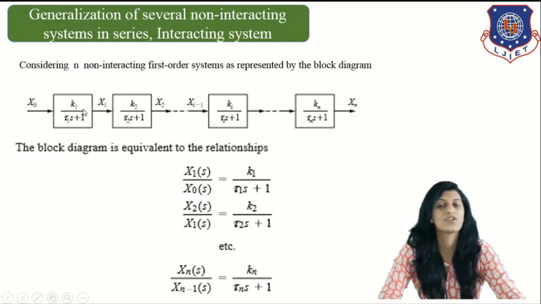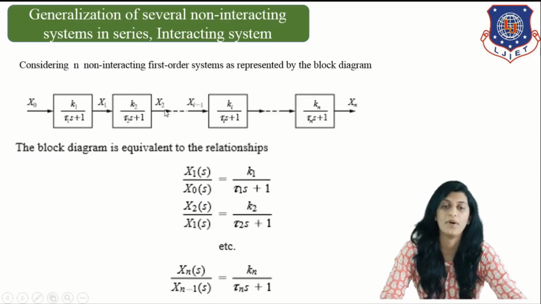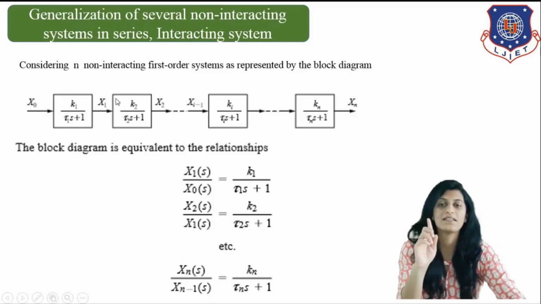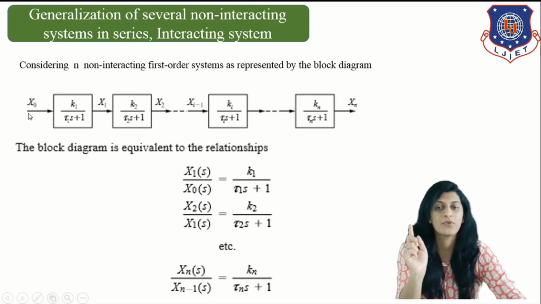Suppose x0 is the input for the first transfer function, x1 is the output. This x1 serves as the input for the second block, and x2 is the output from block number 2, and so on. We just need to write the block equation, that is output upon input equals whatever the value is inside the block.